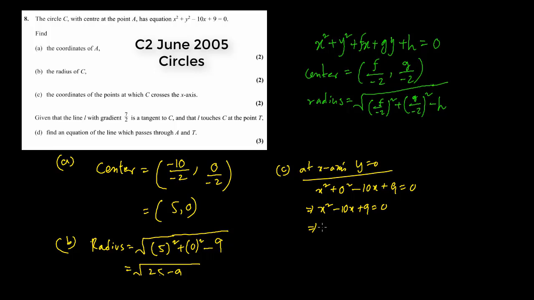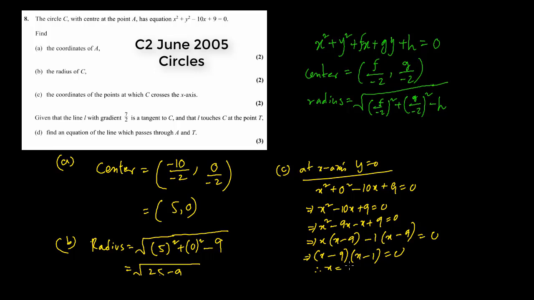Let's do middle term break. 9 ones are 9, so we need minus 10x, so minus 9x minus x plus 9 equals 0. If you take x common, it will be x minus 9. If you take minus 1 common, x minus 9, so it will be x minus 9, x minus 1 equals 0. Therefore x equals 9 or x equals 1.